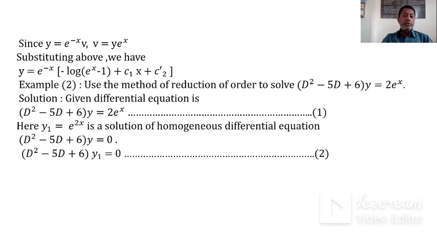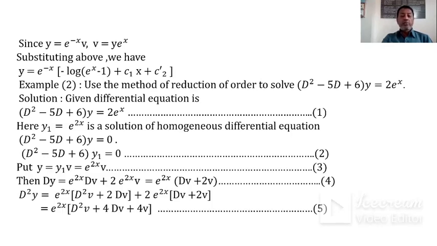Now, with this substitution, we put y = y1·v, that means y = e^(2x)·v. Then from this find y'. We obtain y' using the product formula, and again y'', and substituting these values from equations 3, 4 and 5 into equation 1, we change the dependent variable y to the dependent variable v.